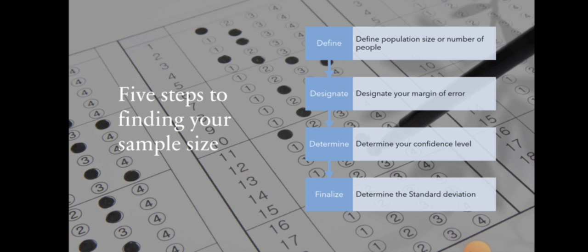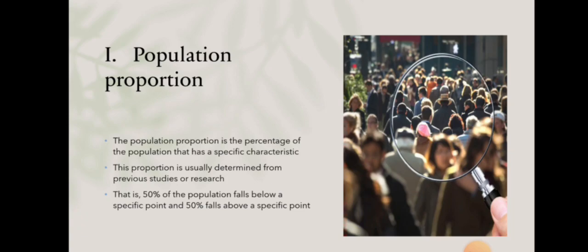Let us start with our population size or population proportions. What is population proportion and how is it determined and calculated? Let us see in detail. Population proportion is the percentage of the population that has a specific characteristic.